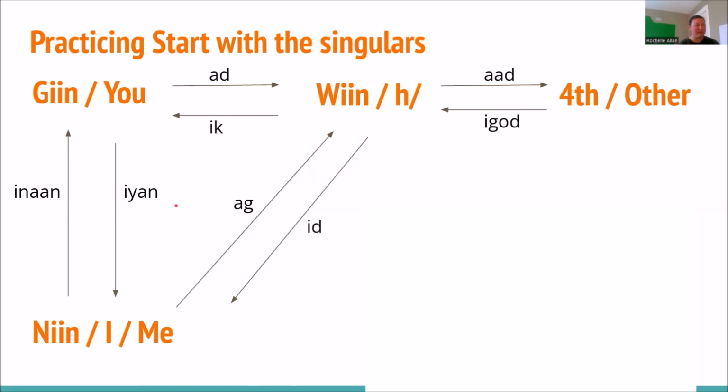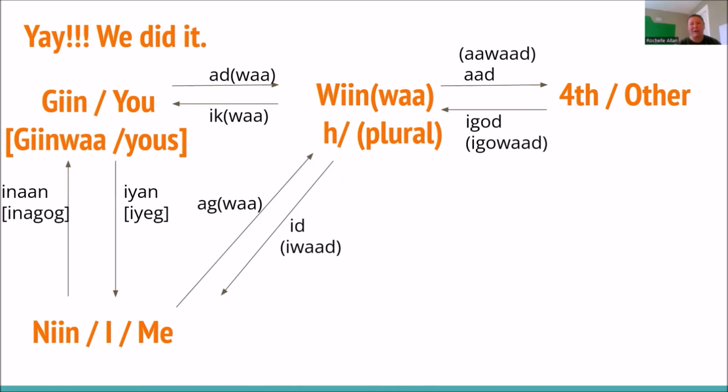So all of these, you can insert whatever VTA verb you want, and practice. And we'll keep moving our knowledge of these transitive verbs, the verbs that happen between people, along. Miigwech.